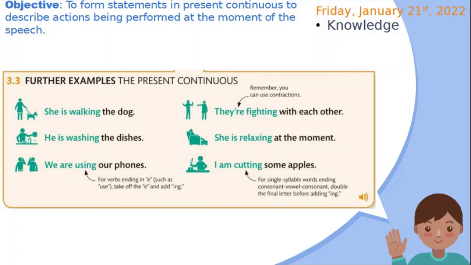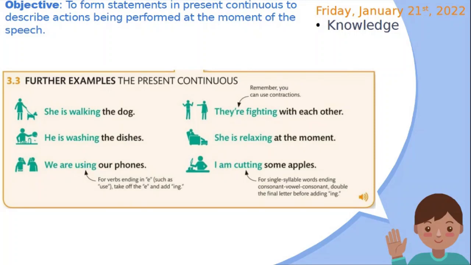The next one, he is washing the dishes. Right in this moment, this man is washing the dishes. Subject he, the to be form corresponding is. So he is washing the dishes.